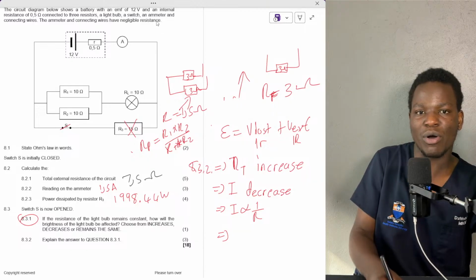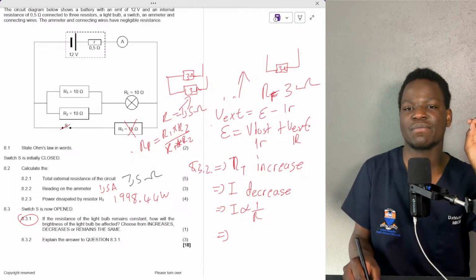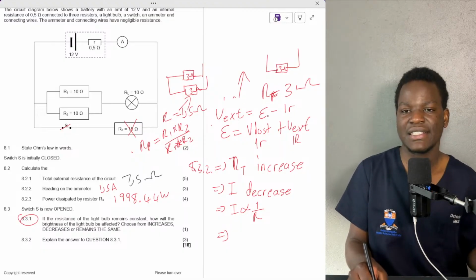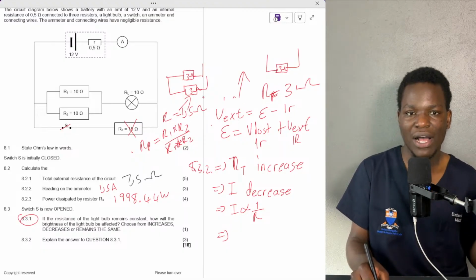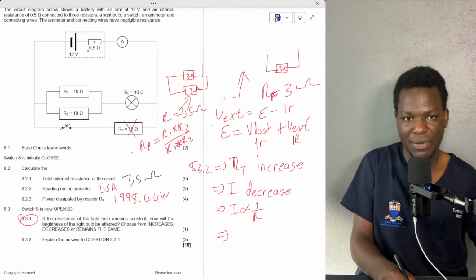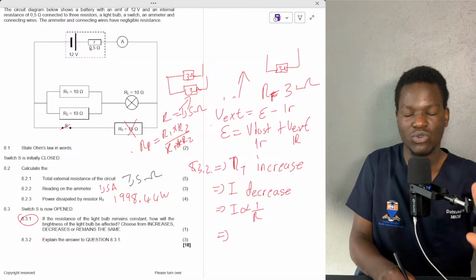It's the one that determines the V external because it takes first. Before the V external goes, it takes the voltage. It's like the voltage used in the battery before it goes out.